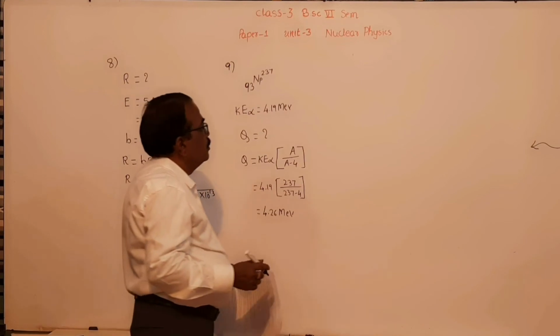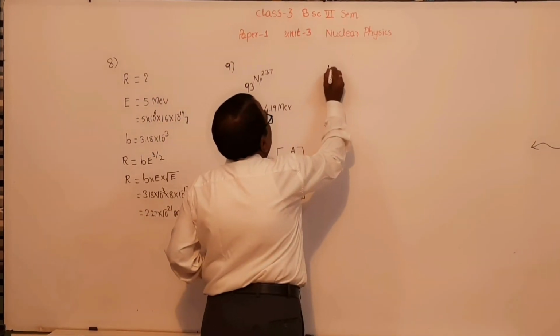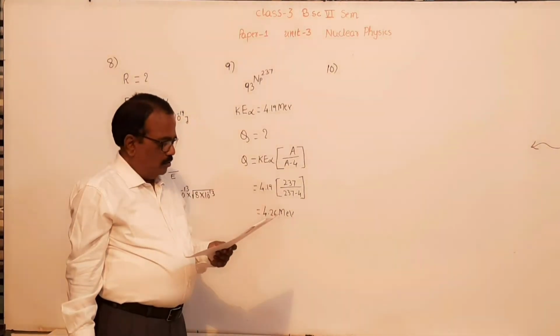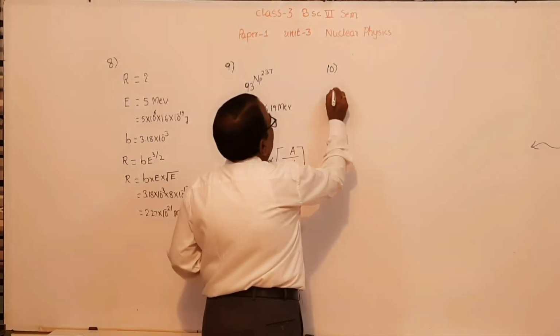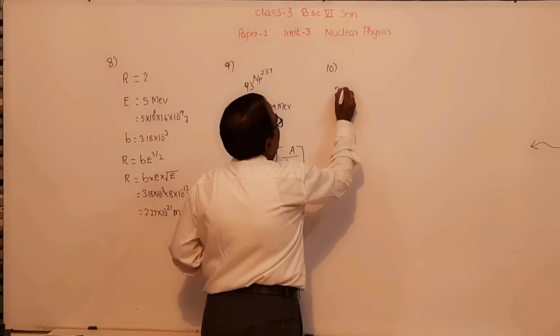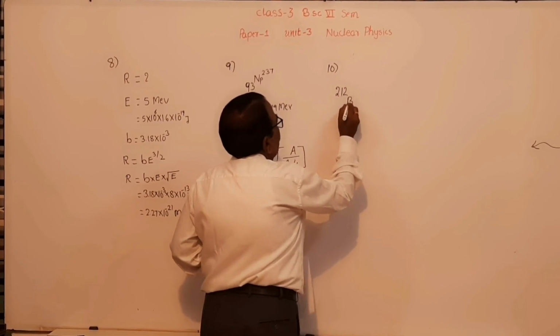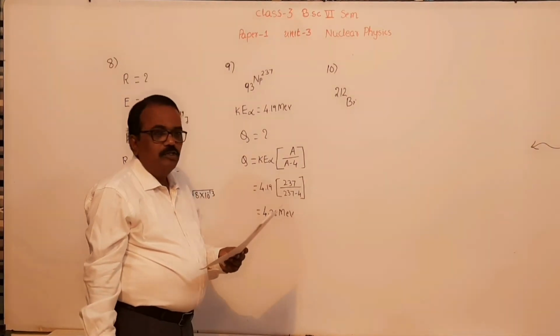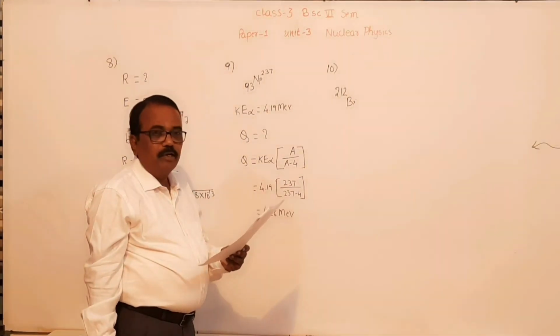Then see the 10th one. 212Bi releases 6 groups of alpha particles.